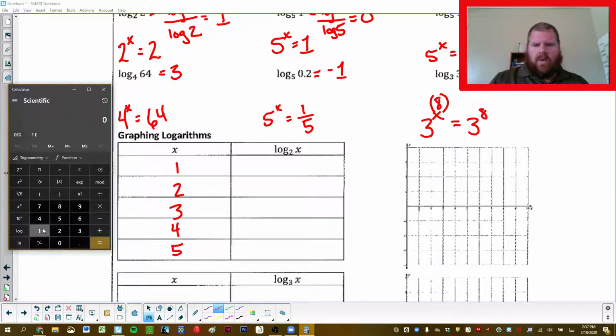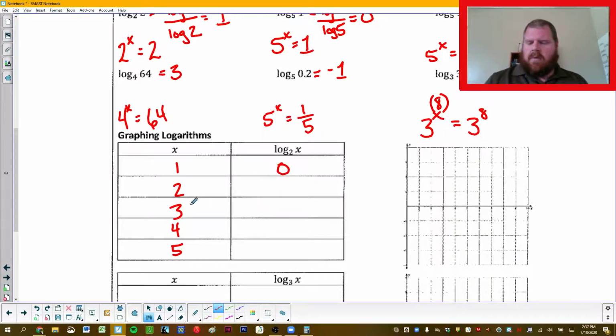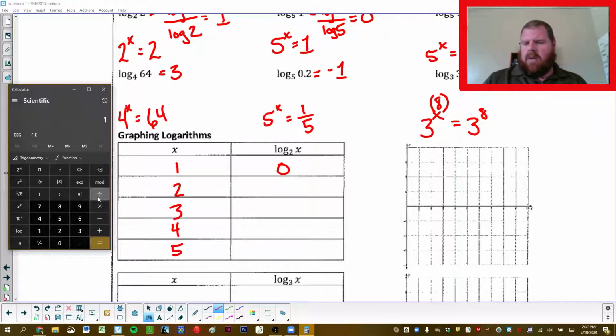So that means I'm going log base 2 of x, so of 1. I'm going to go 1 log divided by 2 log, should give me 0. I want 2 log divided by 2 log, well that's going to give me 1.